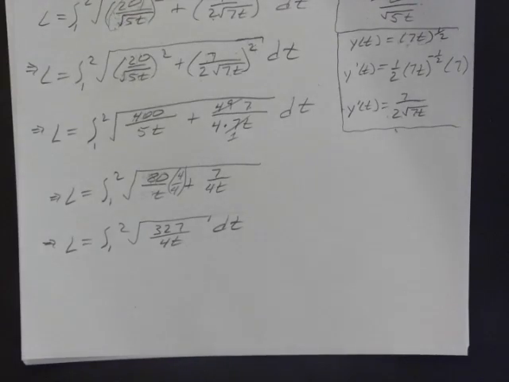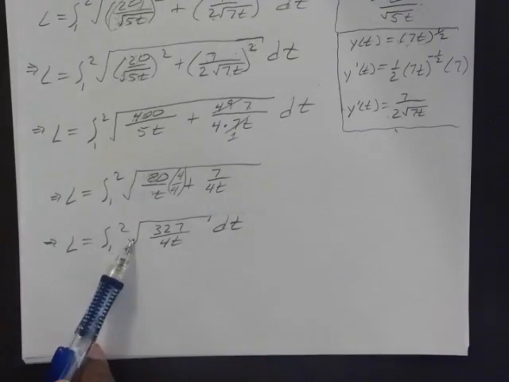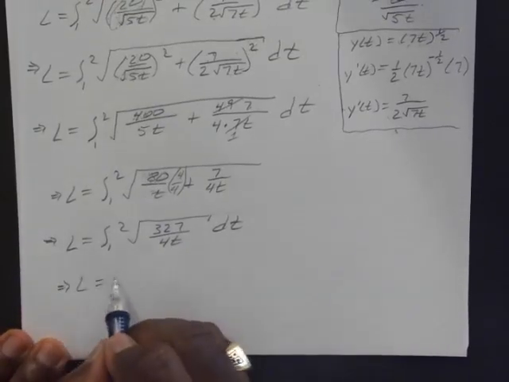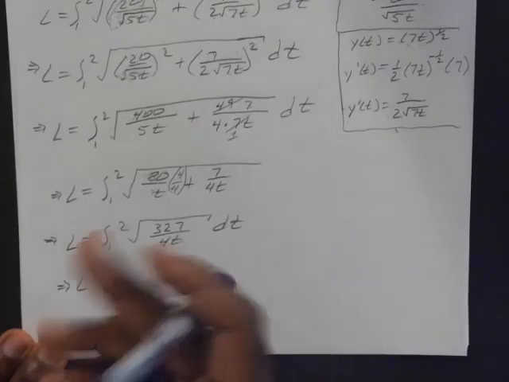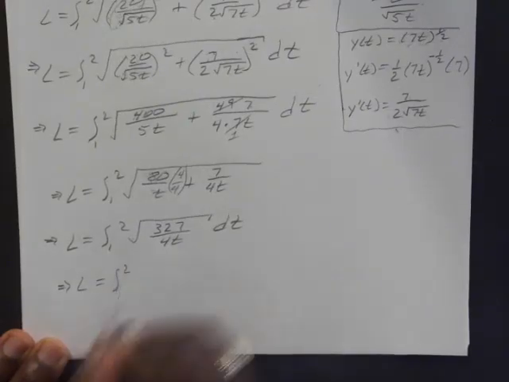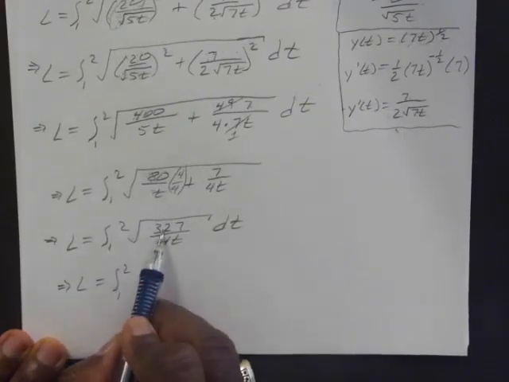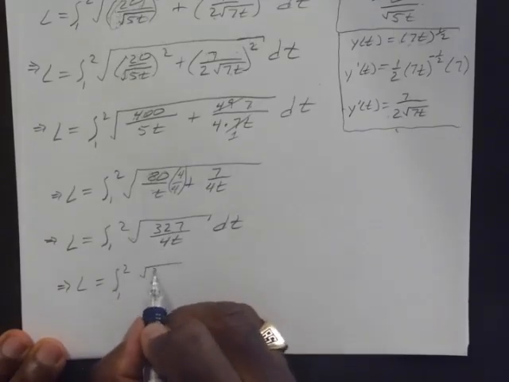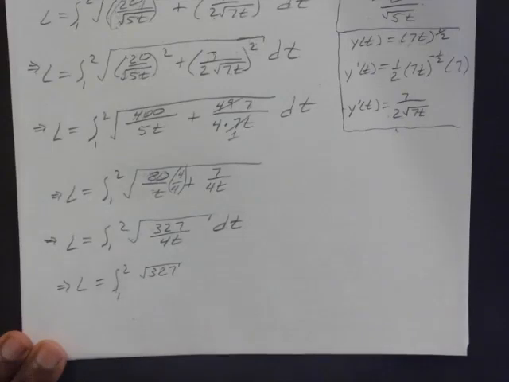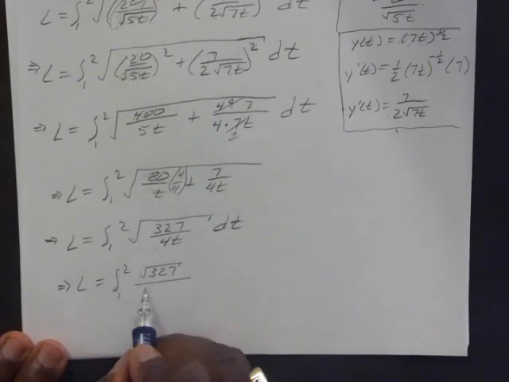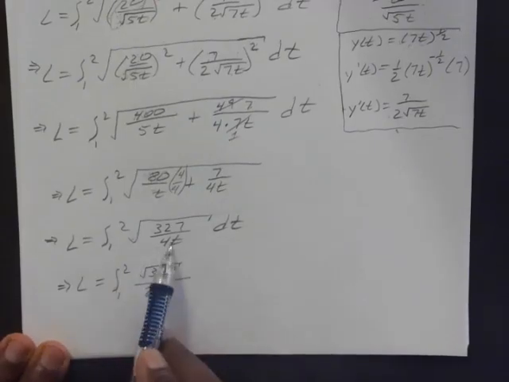Okay, now we want to be able to integrate this, so we have to get rid of that square root. So we have the integral from 1 to 2. We have the square root of 327 over 4t. We can rewrite that as the square root of 327 divided by the square root of 4, which is 2, times the square root of t.